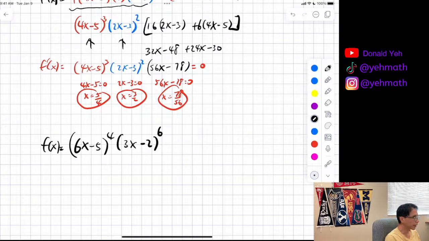I usually do right D left first. I don't know, that's just me. Yeah, it doesn't matter, because you could do the derivative either way. So right D left and then left D right. It doesn't matter if you switch it up. But with the quotient rule, it matters if you switch it.